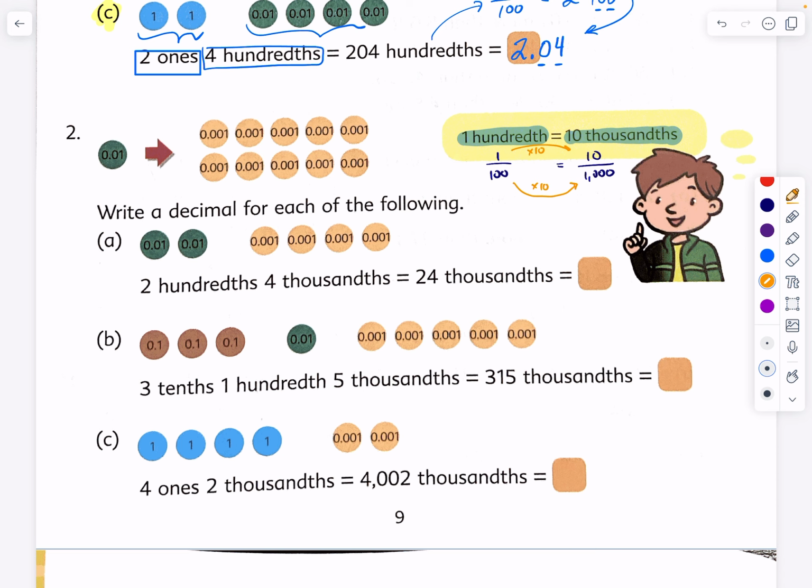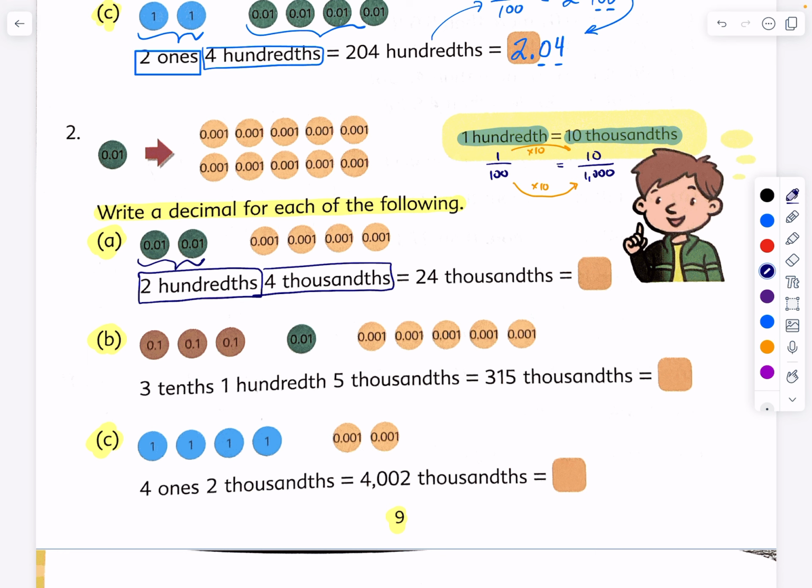So let's practice writing fractions up to thousandths. Write a decimal. Again, we have three examples, A, B, and C, and I'm reminding everyone we're on page 9. So let's take a look at what we have. We have 200ths right here, right? Let's put this in the box. And we have 4,000ths.